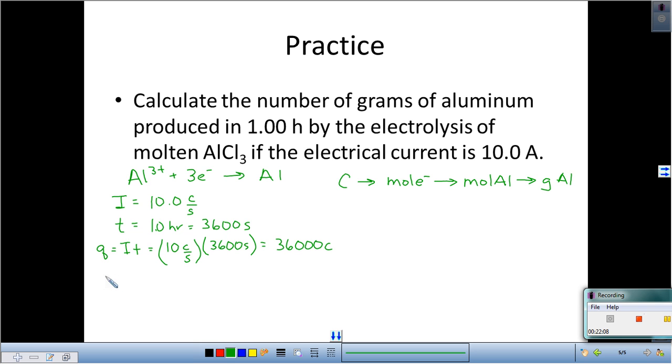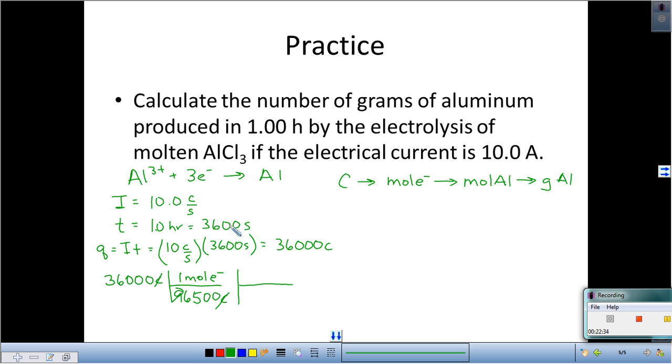So let's start. I have 36,000 coulombs, and I know for every 96,500 coulombs, that's 1 mole of electrons. Coulombs cancel out, and now I'm in moles of electrons. The next step is to go to moles of aluminum.